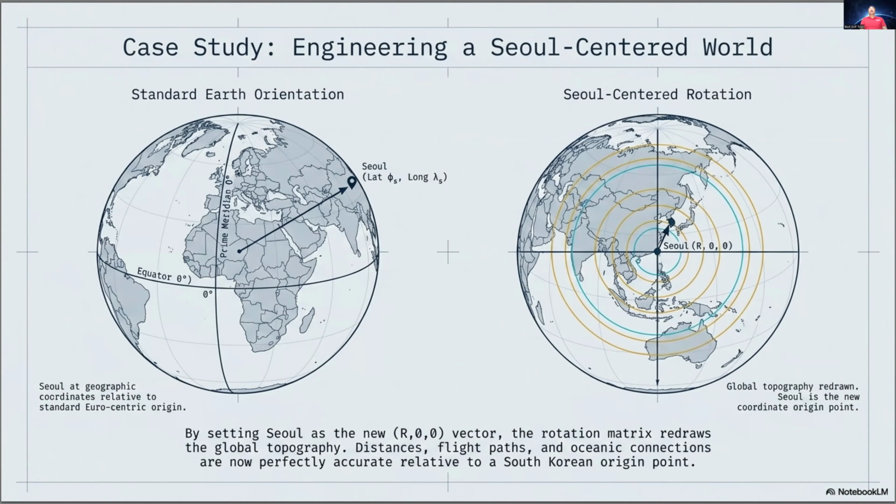We turn, rotate down about 37 degrees, and then Seoul is exactly at the point of the prime meridian, R00. When Seoul goes to R00, the other places, for example London, Paris, or Washington, DC, where do they go? What are the coordinates of their locations?